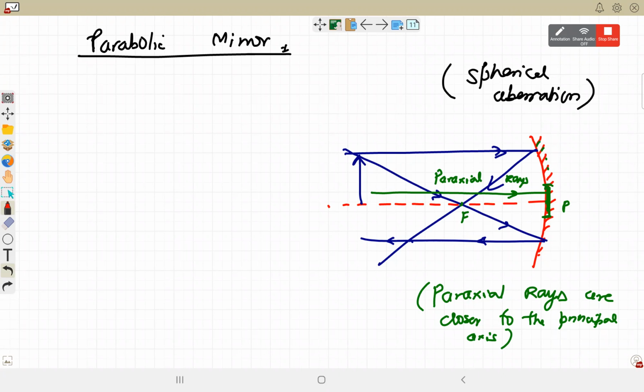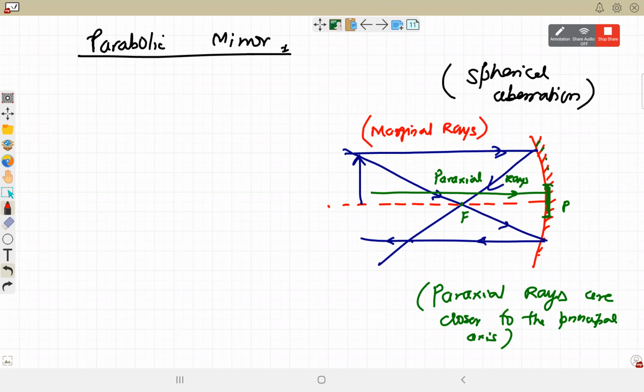Right? Okay. You understood this or not? The rays which are coming from larger distance are called marginal rays. Marginal rays are coming from distance, and all paraxial rays are coming closer to the principal axis. Correct?